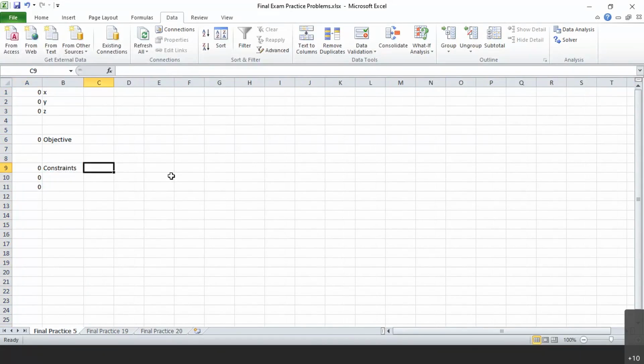This is less than or equal to 10. This one is less than or equal to 15. I'm putting them in so that if you're using Excel 365, you know what the right-hand sides are, because that's a little different. Remember, they can't have these less than or equals. Let me do it like this, and I'll put the values over here.